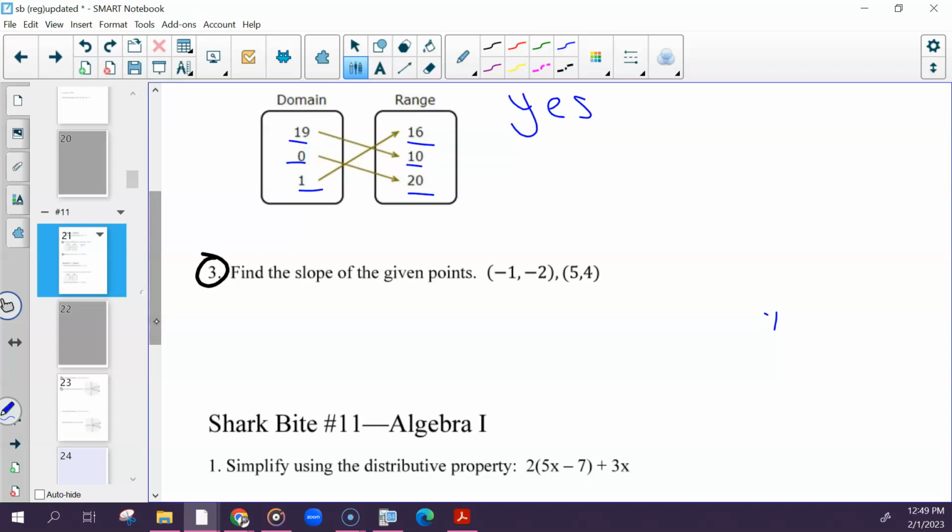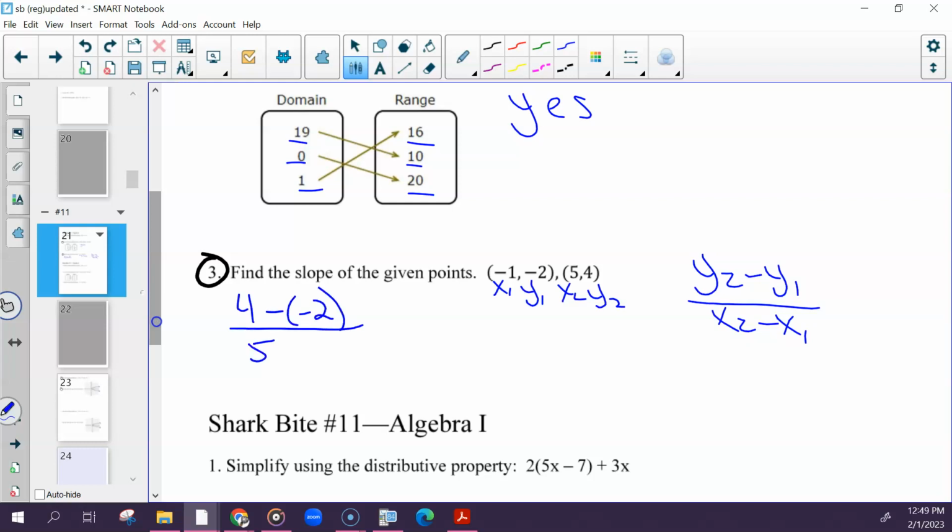For the slope, this is going back to when we did slope. Remember your slope formula, y2 minus y1 over x2 minus x1. Label them if you need to. So then we have 4 minus negative 2 all over 5 minus negative 1.